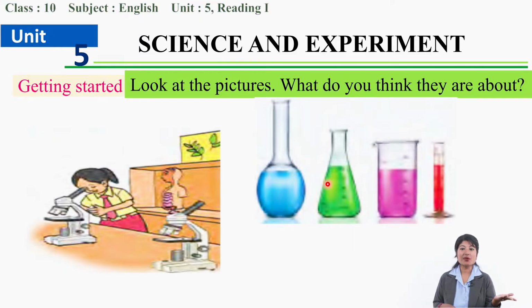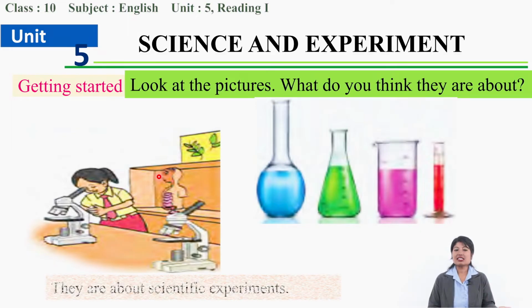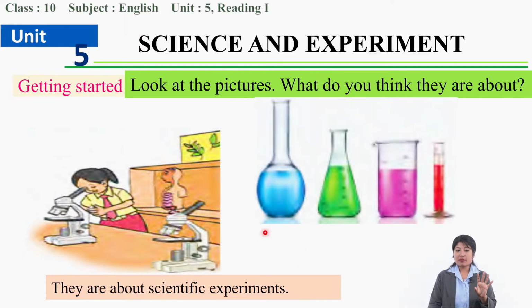Yes, as our topic unit is related with science and experiment. Science is all about experiment, right? So these pictures are also related with that, or we can say, okay, they are scientific experiments.